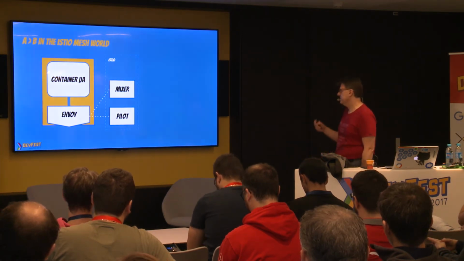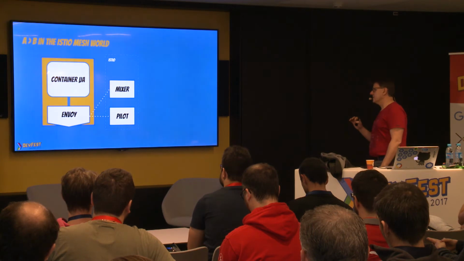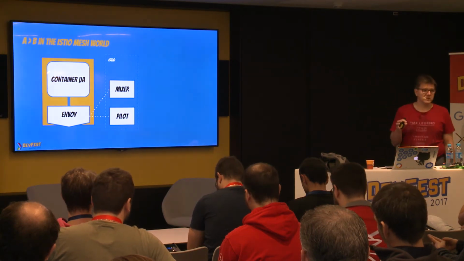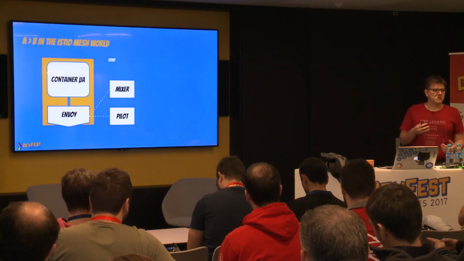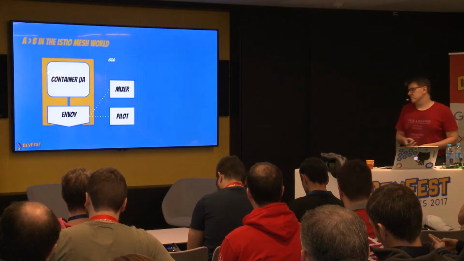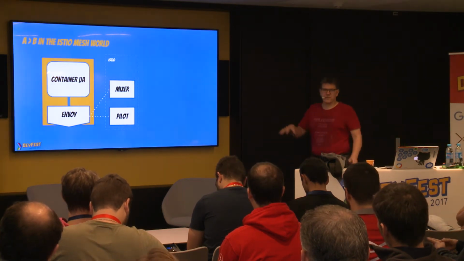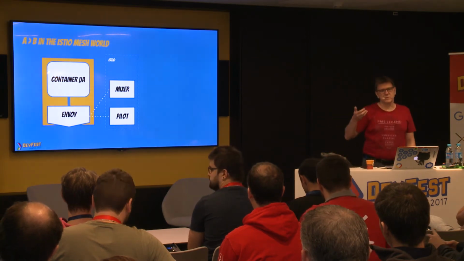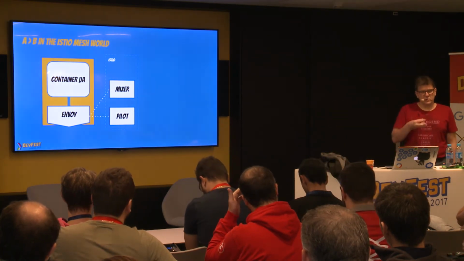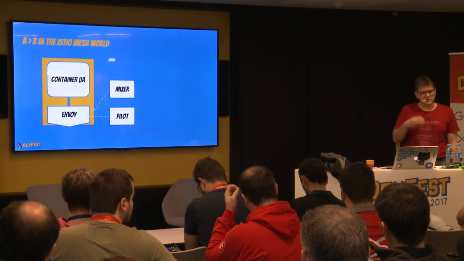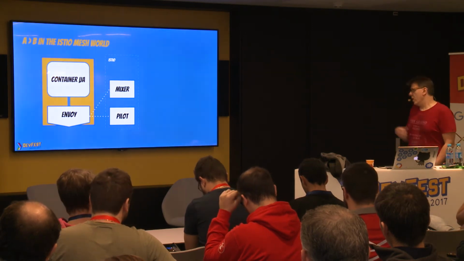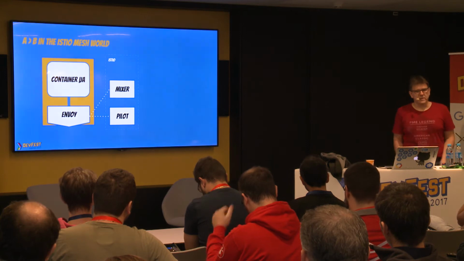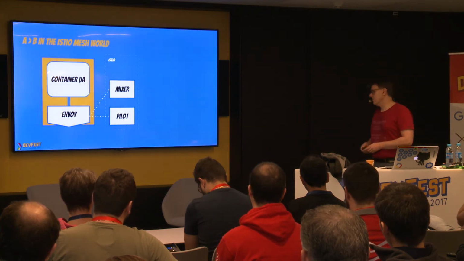Mixer is a very interesting part that makes it even smarter, because with only Pilot and service relocation it already augments things with new features, but Mixer also intercepts all that traffic and sees how many calls are made, how big they are, and what the headers of your HTTP call are.